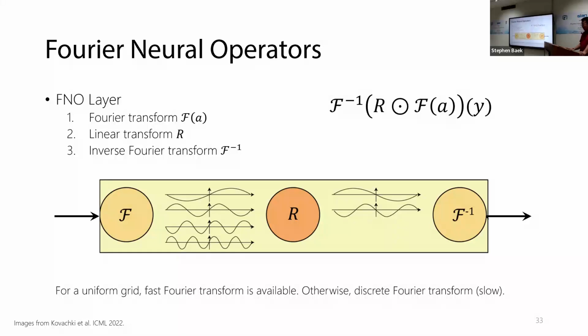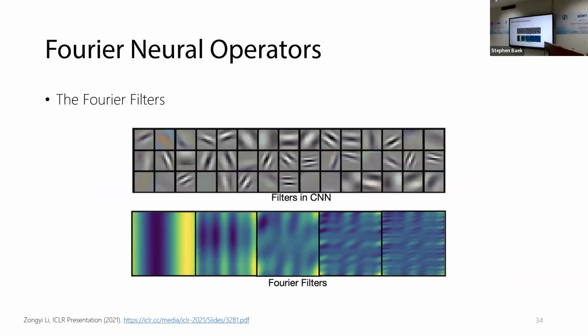In that way, you can achieve a continuous function to continuous function mapping. Here's an interesting comparison between the usual neural networks versus the Fourier layers.